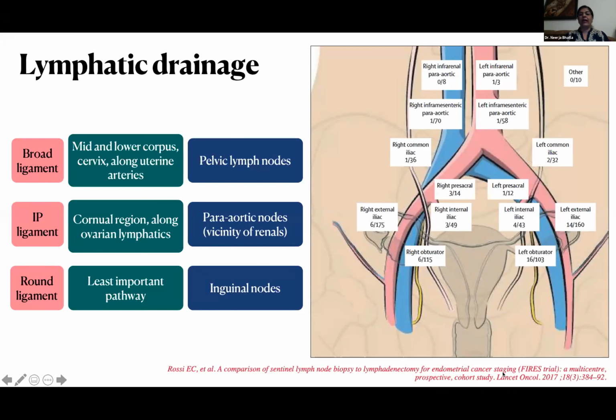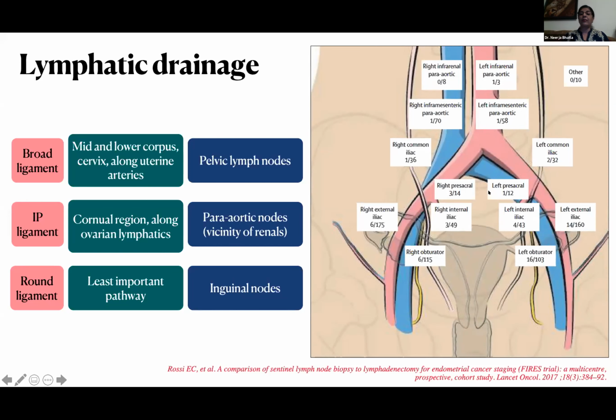And here I would like to draw your attention to the results from the FIRES trial, which show you not only the various sites at which the positive nodes were the sentinel nodes, but also please do not forget that there are rare sites like the presacrals, the left presacral, the right presacral, very easy to miss even after you have done what you think is a very good lymphadenectomy and you have removed the 20 nodes they wanted and the 10 up front.